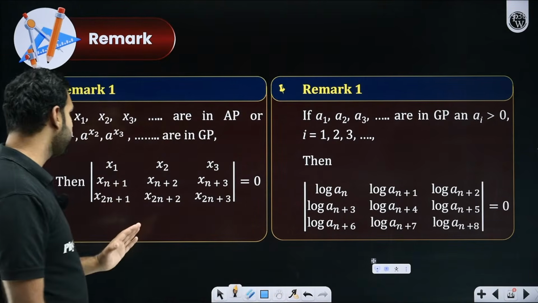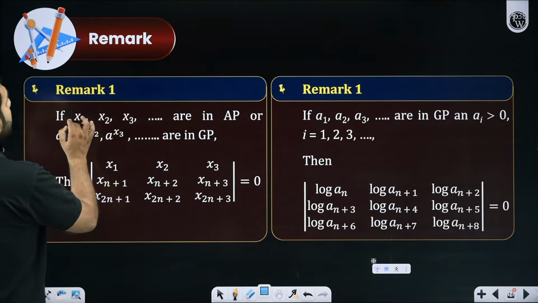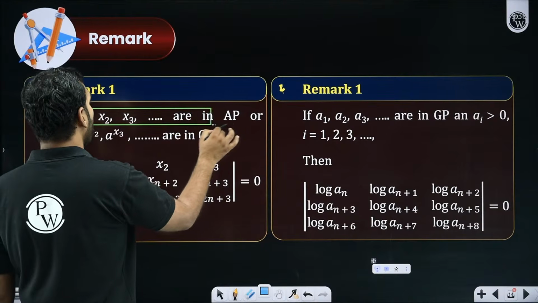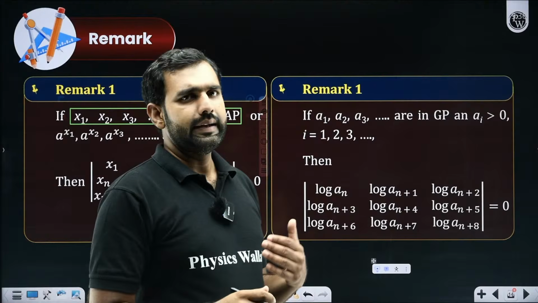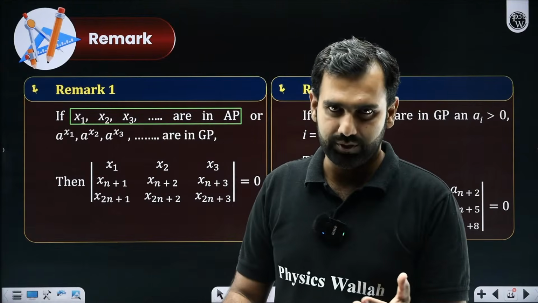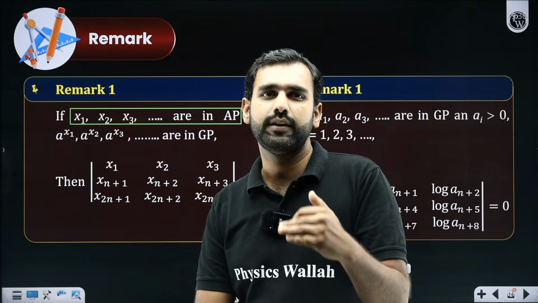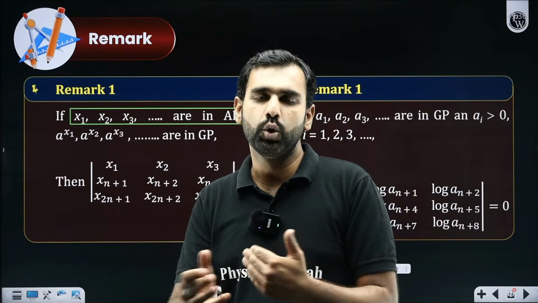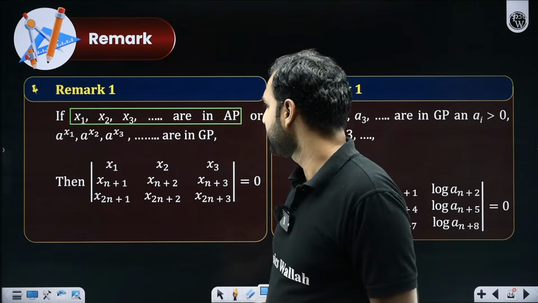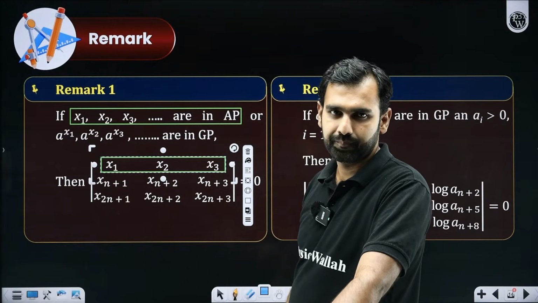Let's say there are certain terms in AP. Let's say x1, x2, x3, x4, x5, and xn, they all are in AP. So if I take those terms which are in AP, and I ensure that they remain equidistant, the difference between those terms is equidistant, which means, let's say, for the first row I have chosen x1, x2, x3.